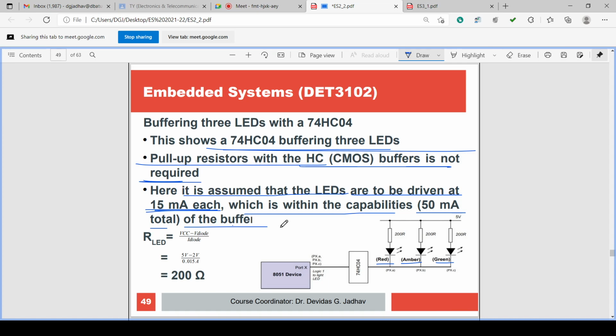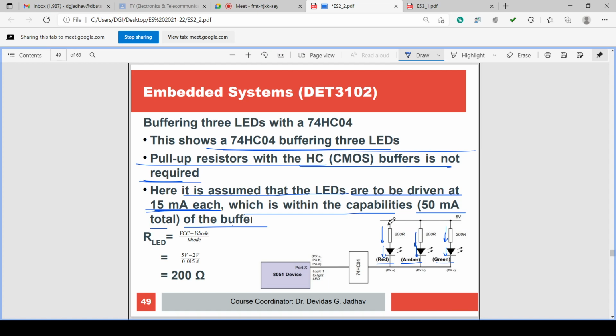So if the LED requires 15 milliampere, the resistor will also carry 15 milliampere. If a red LED requires 15 milliampere, this resistor also carries 15 milliampere. For the amber LED, 15 milliampere, this resistor also carries 15 milliampere. If the green LED requires 15 milliampere, this resistor also carries 15 milliampere.